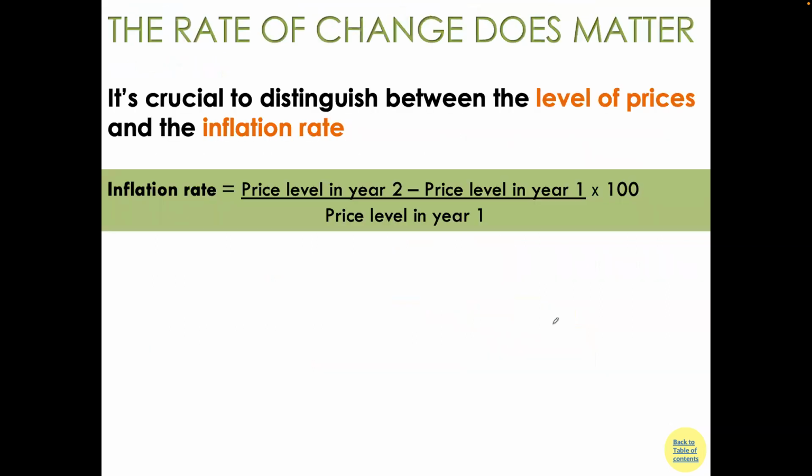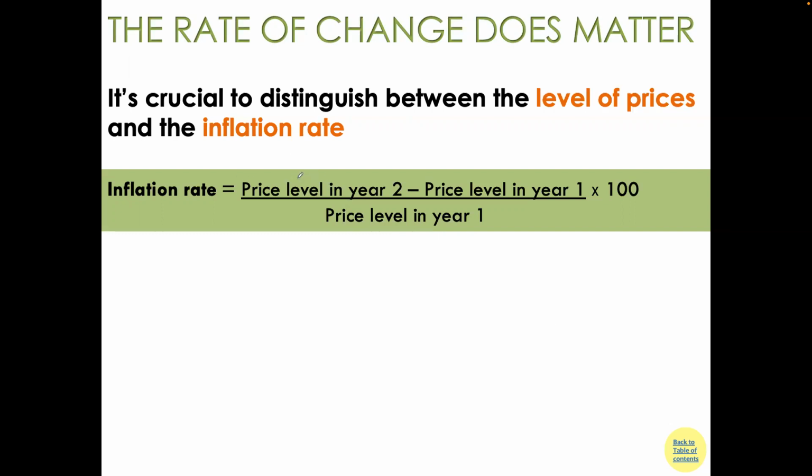Okay, and by the way, here's the inflation rate. How do we calculate the inflation rate? This is something we already did in the previous chapter, right? Inflation rate is equal to the percentage change in price level. So the formula goes as follows.